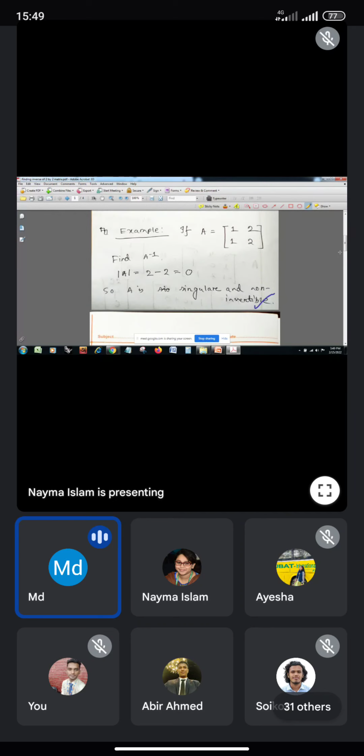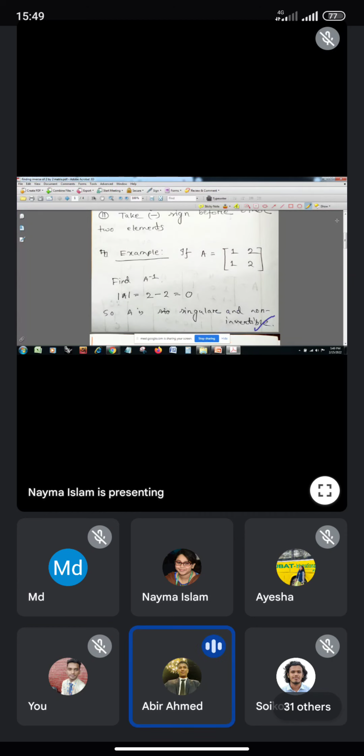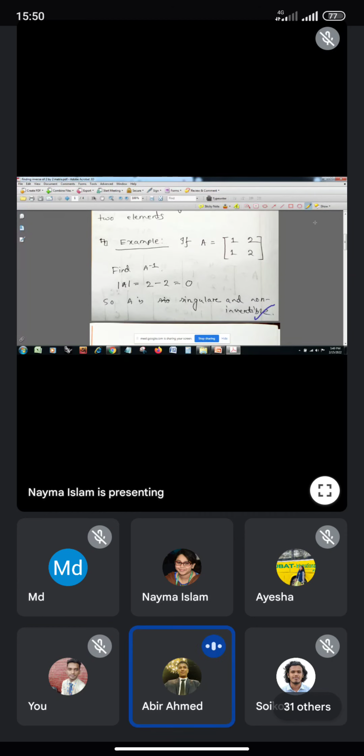A is singular, so this is not invertible. That means you cannot find the inverse of this matrix. Simple matter.